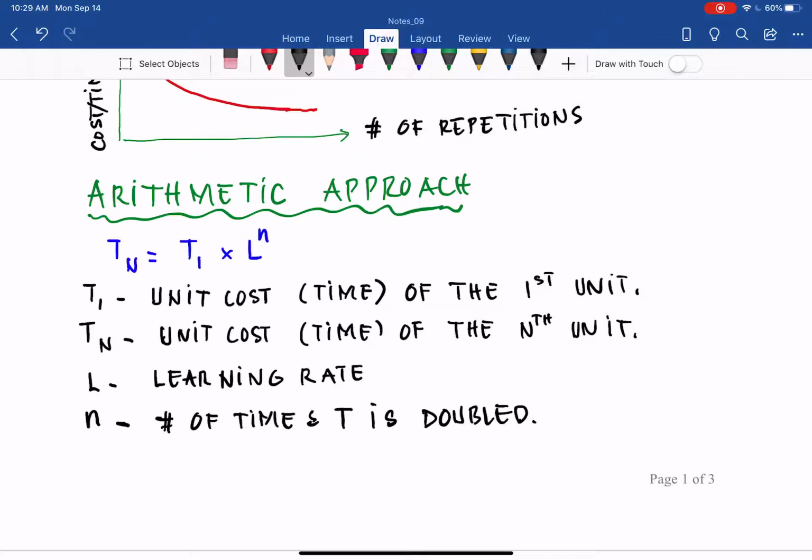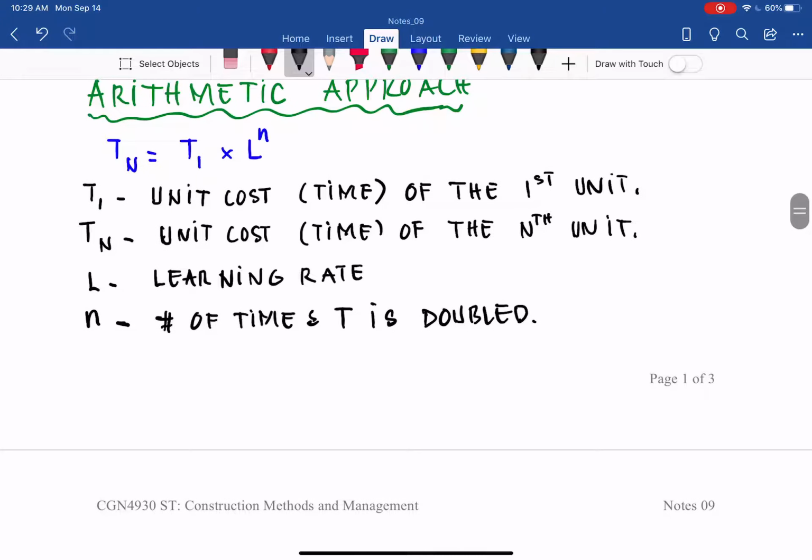So from 1 to 4, it doubles twice. Let me illustrate that with an example.